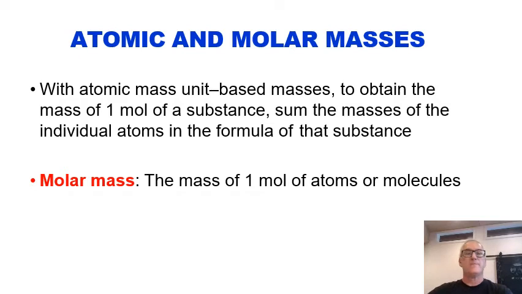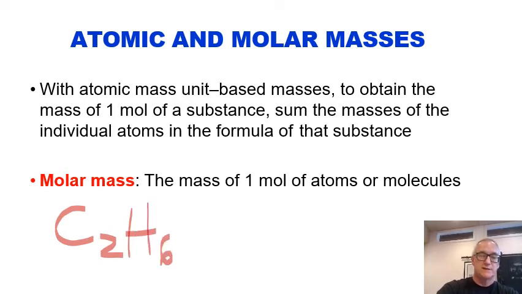So to obtain the mass of 1 mole of a substance, as we've seen, you just take all of the individual atoms, figure out how many grams they have in a mole, add them all together, and bingo, you've got the molar mass of the molecule. Like we've seen with ethanol, if it's C2H6O, we know we have 2 moles of carbon, 6 moles of hydrogen, and 1 mole of oxygen.